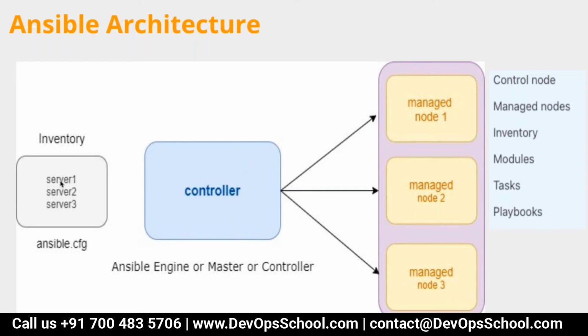And inventory is like a warehouse, a storehouse, where it stores all the IP addresses or domain names of the targeted nodes, the managed nodes. Suppose, for example, you have three different types of environments, and in each environment you have five servers.